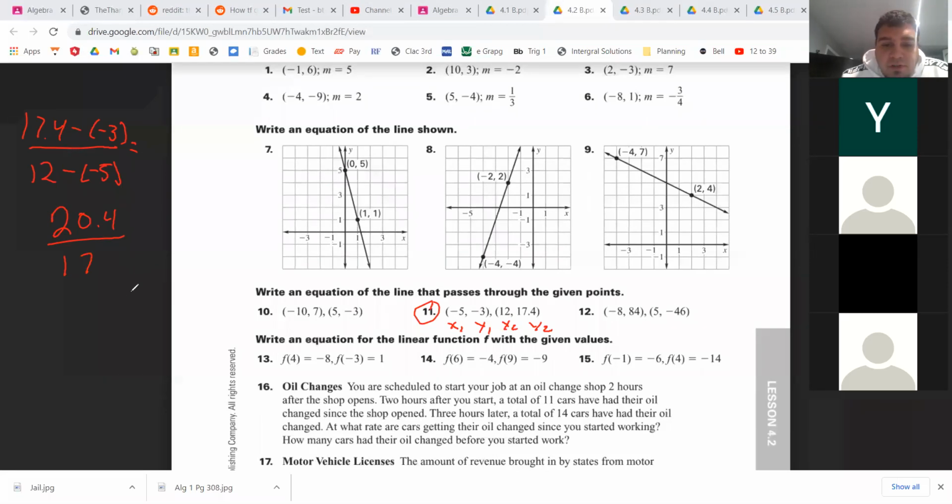But just to show you how to do it, if you had that fraction anyway, you would do -3 equals 20.4 over 17, which is your slope, times your x, which is -5, plus b. Do your math. This will be -102 over 17 plus b. 102 divided by 4.